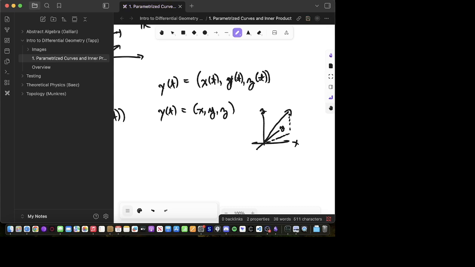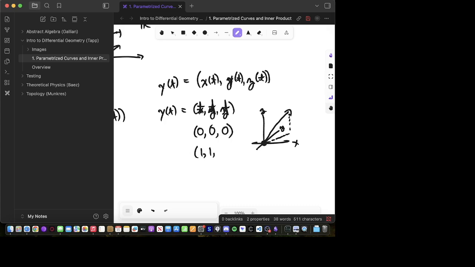So at time 0, wait, I messed it up. It should be t, t, t. At time 0, we would have the position 0, 0, 0 right here.